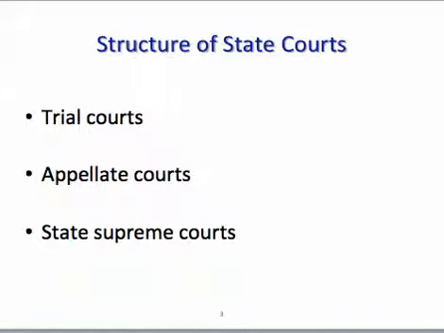Also, when we talk about generalities and basic structures of state courts, remember this is parallel to the federal system. You have trial courts, appellate courts, and state supreme courts. I'm not going to go into a lot of detail because, for example, the state supreme courts can be pretty complicated.